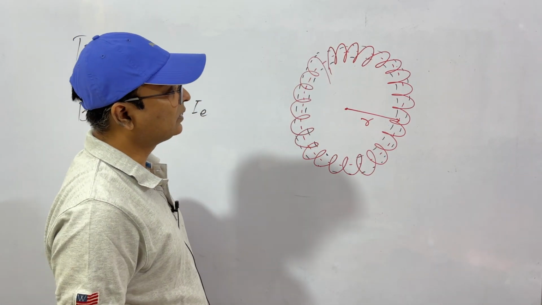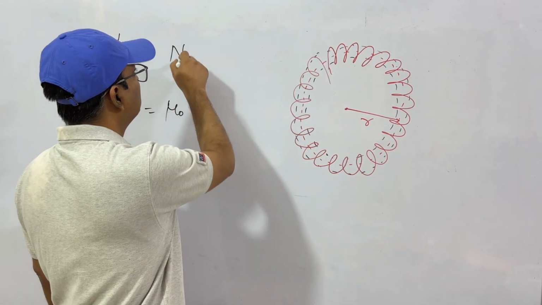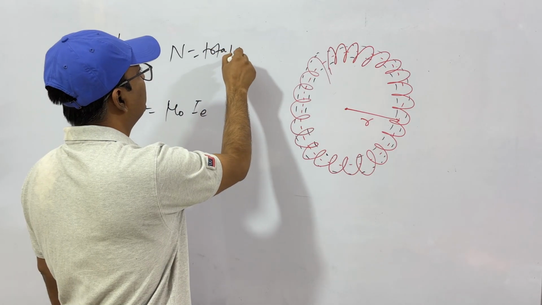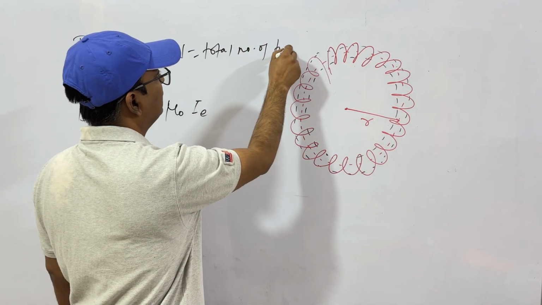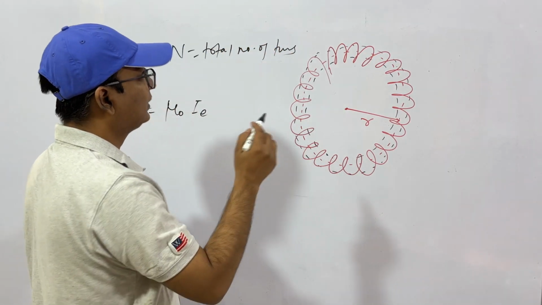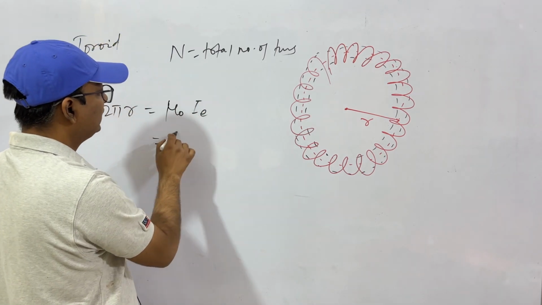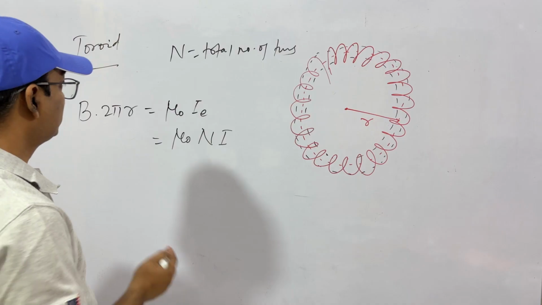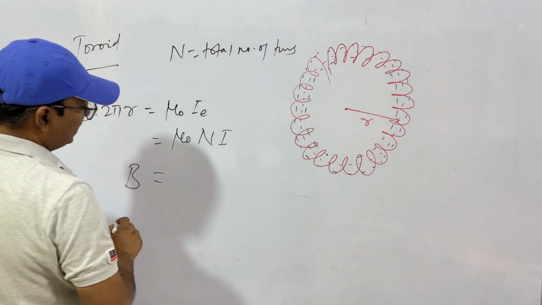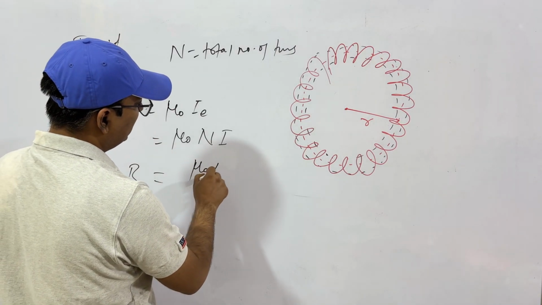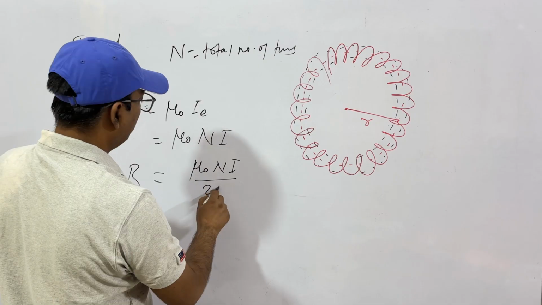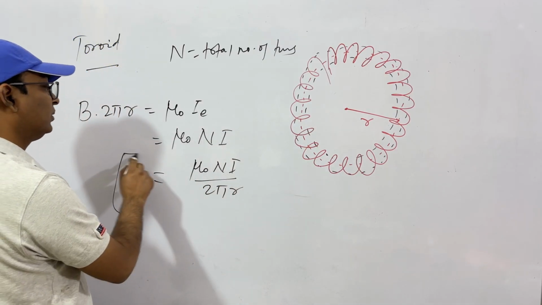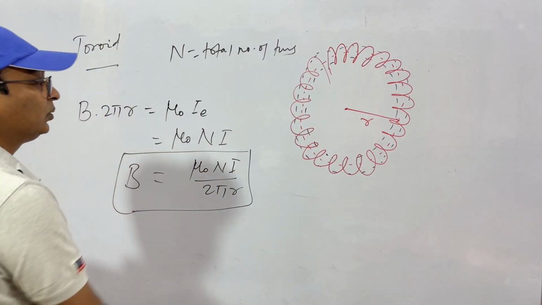Let's say the total number of turns is N, and the current flowing is I. So you will get mu 0 total number of turns into I. So the expression for B will be mu 0 N I by 2 pi r. This is the expression for magnetic field strength due to a toroid.